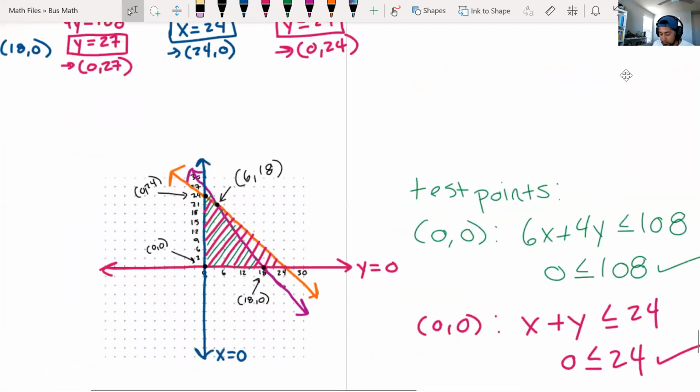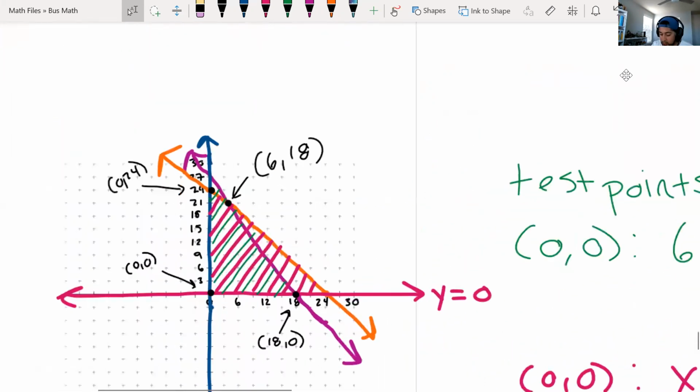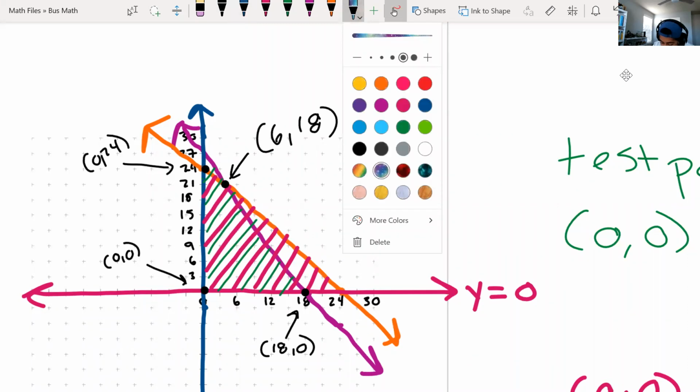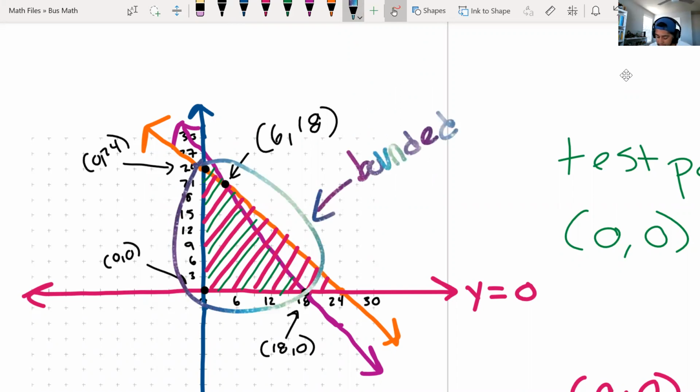So, I mean, I'll just leave those there. We know those are our corner points, and if I zoom in, here's our solution region. What's a good color? I can use this one. Yeah, funky. That is our bounded solution region.